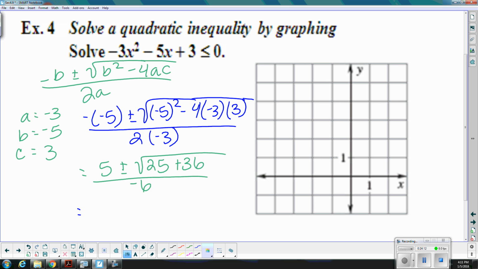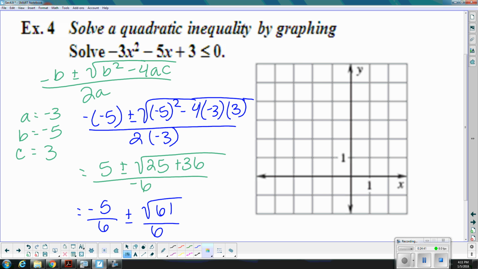So again, if we simplify, we're left with -5/6 plus or minus the square root of 61 over 6. Now you don't need to leave that -6 there because you already have the plus or minus. So it's square root of 61 over 6.